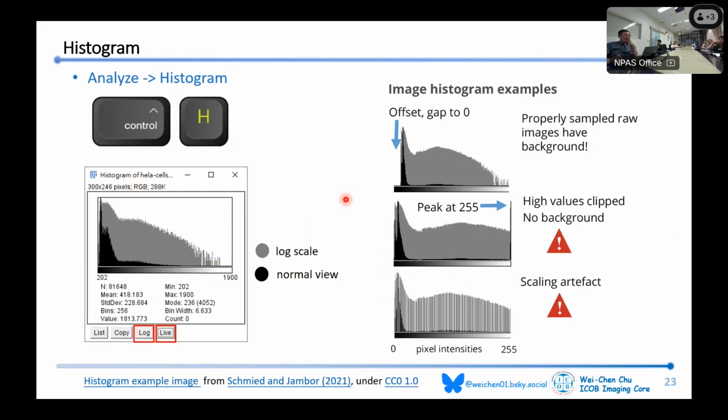Some data has been cut, either underexposed or overexposed. So for a proper image, the histogram should look like this. They have some background and there's no peak at the maximum value. And if you see there are some gaps in between in the histogram, it means somebody did a rescaling of this histogram, so the intensity has been changed somehow.